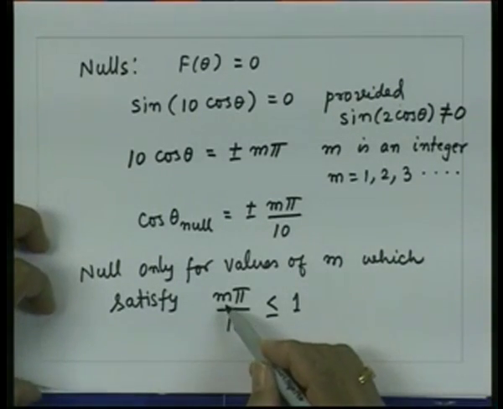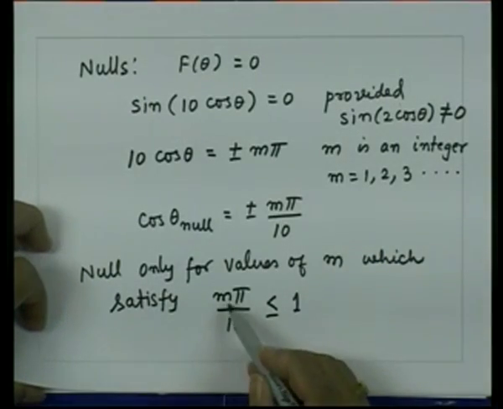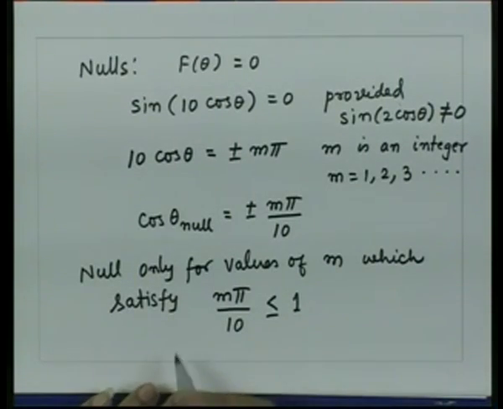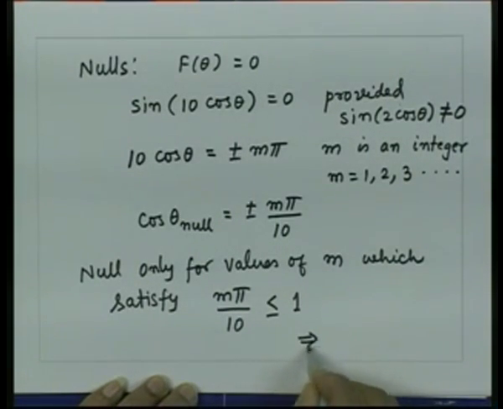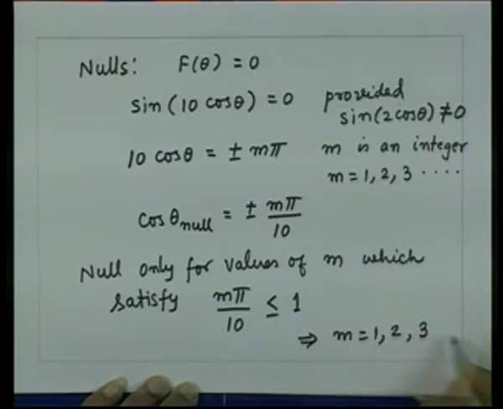That means this quantity here, m can go only 1, 2, 3. If m becomes 4, then this quantity is greater than 1. So, essentially the possible values of m are m equal to 1, 2 and 3.